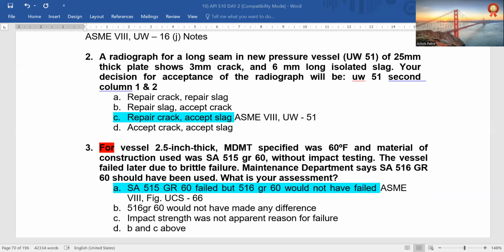There is 65 and 70, that is in curve B. And if you go for the next one, 55 and 60, that is curve C. Let us see if it is 60 or 70, and you go for this 2.5.